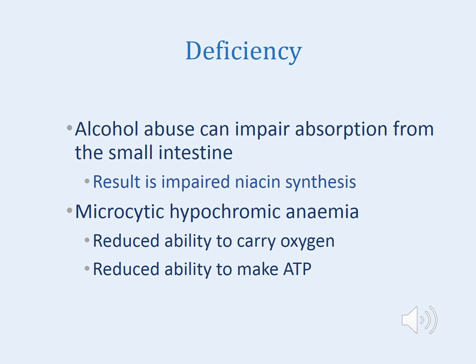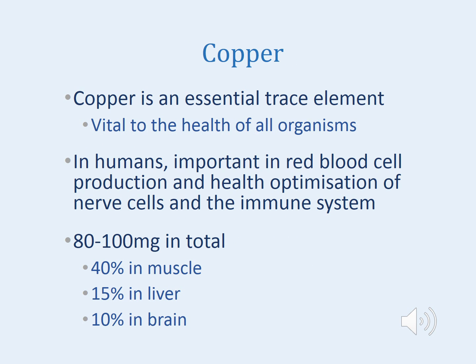This reduces the ability of the red blood cells to carry oxygen to cells and their ability to produce ATP via aerobic respiration. The red blood cells are small and pale under an electron microscope in the case of microcytic hyperchromic anemia. So for the last part of the presentation, I'm going to focus on copper.